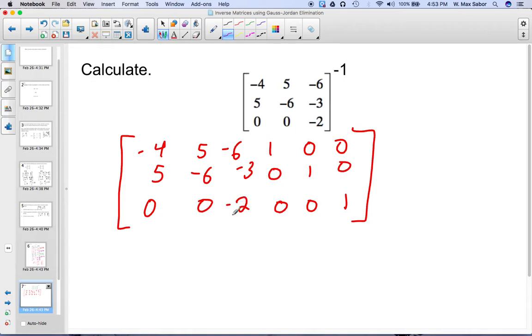So the first thing that I want to do is multiply this last row by -1/2. -1/2 times row 3, put that in row 3, because now row 3 will be exactly what I want row 3 to look like.